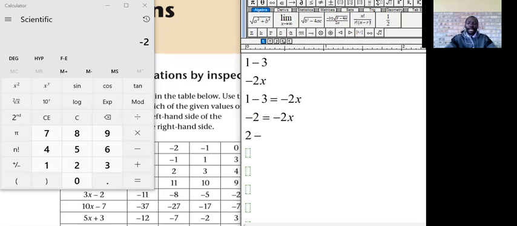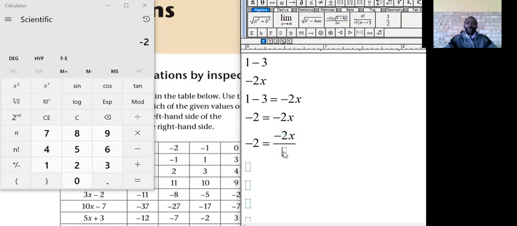Finding the value of x at this stage means, from what we have here, minus 2 on the left-hand side and minus 2x on the right-hand side, to find the value of x, we must simply divide. What are we going to divide?